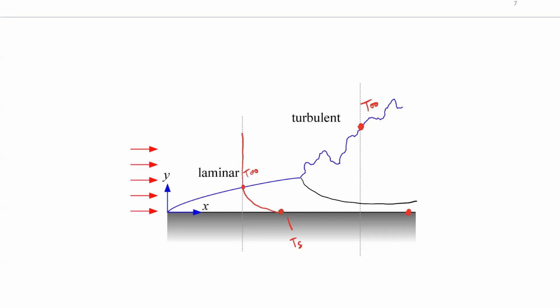It's going to go something like this. If I was being really careful and could draw without making squiggly lines, you'd see that it goes right up next to the T infinity temperature, but it's not quite. There's still actually a little bit of a temperature difference, and that's resolved through the rest of the boundary layer. And again, this is going to be your average temperature.